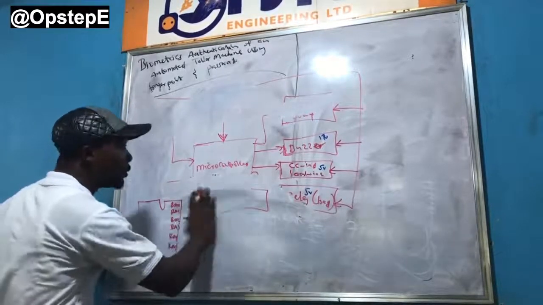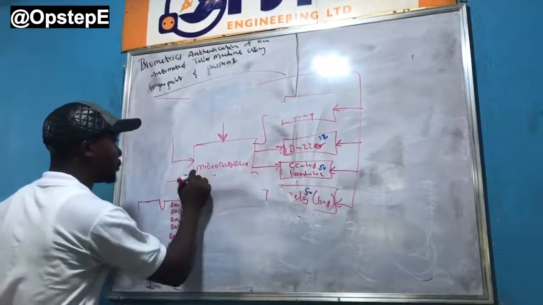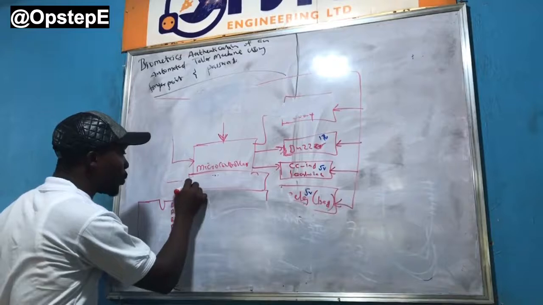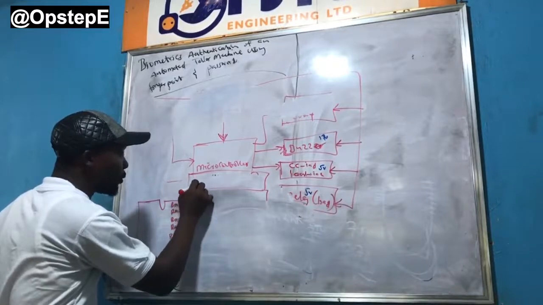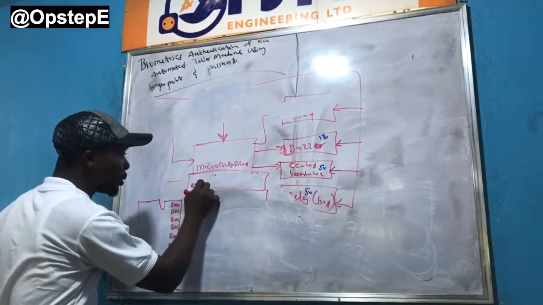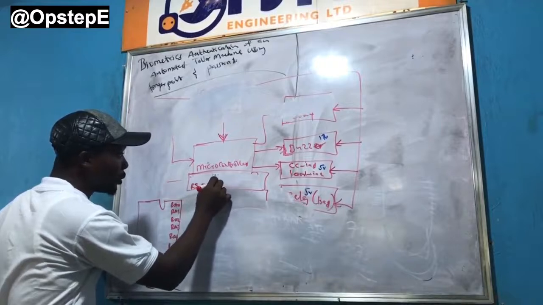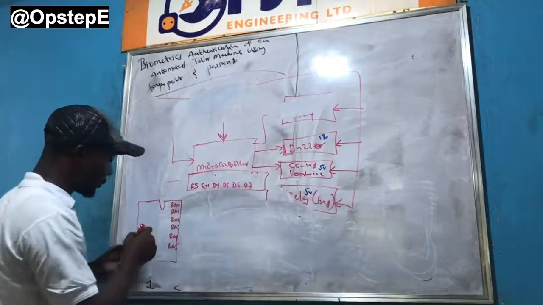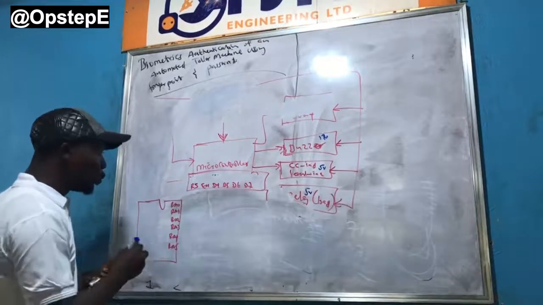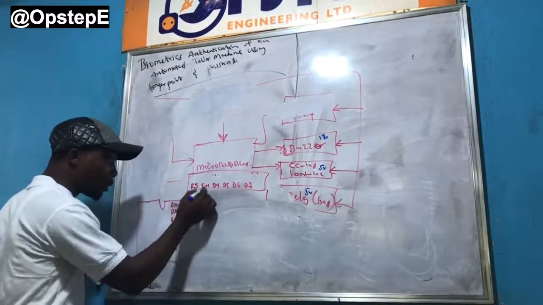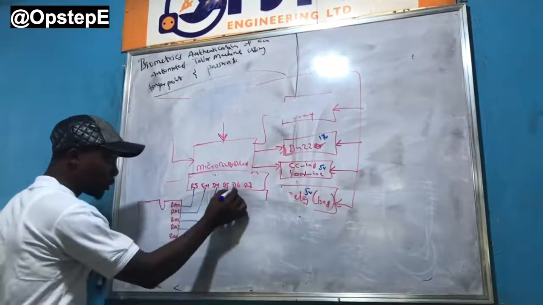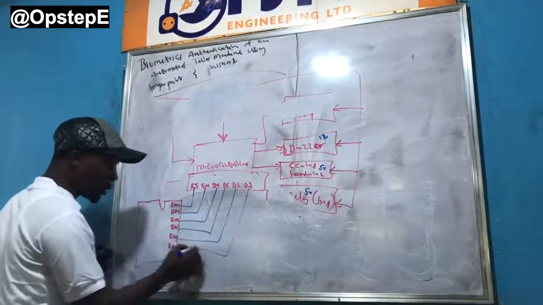And I'm saying you have your E, D4, D5, D6, and D7. So what I'll do, I'm going to take this here, connect this here, connect this here, connect this here, connect this here, and connect this here.